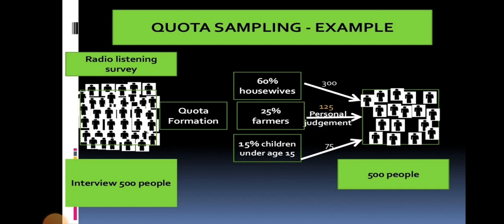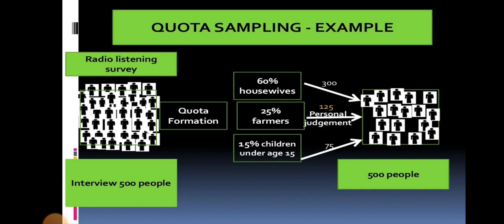Among them, through personal judgment, again through purposive sampling, particular people were selected. Among the 60% housewives, 300 were selected. Among the 25% farmers, 125 were selected by personal judgment. And from the 15% children under age 15, 75 were selected. Like that, a total of 500 people were selected through quota sampling.